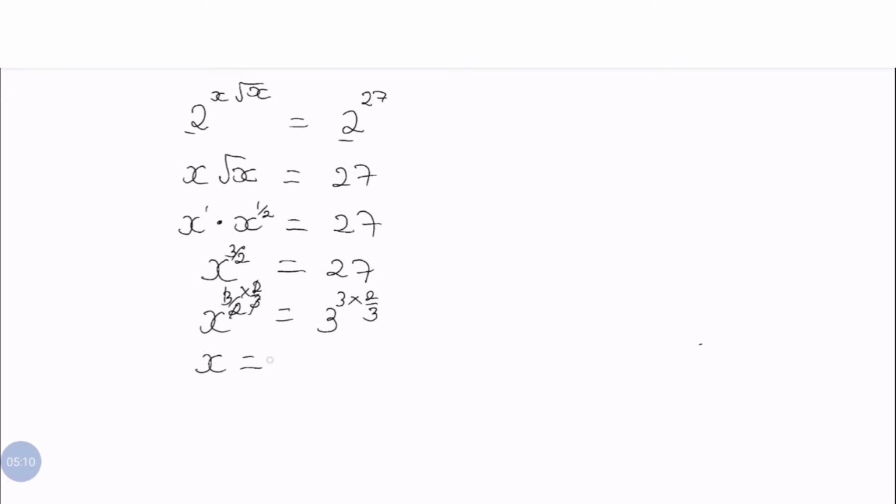And on this side we'll have 3 to the power 3 times 2 is equal to 6 over 3. 6 over 3 is equal to 2, so this makes it 3 to the power 2. Now x is equal to 9.